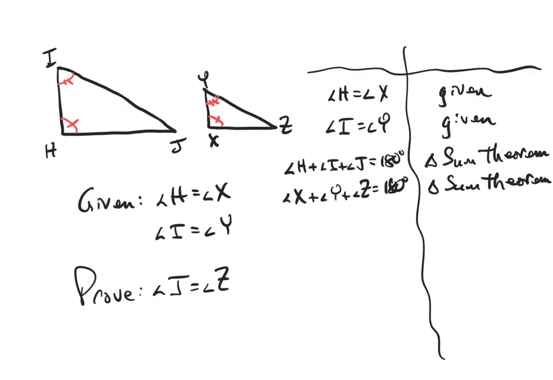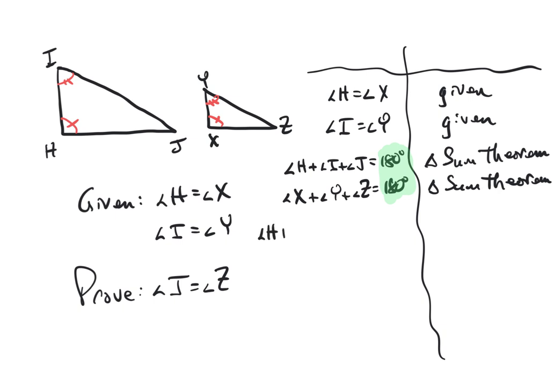And what we've ended up with then are two things that are each equal to the same thing. We have H plus I plus J equaling 180 degrees. We have X plus Y plus Z equaling 180 degrees. So if we have two things that are each equal to the same thing, they must be equal to each other.